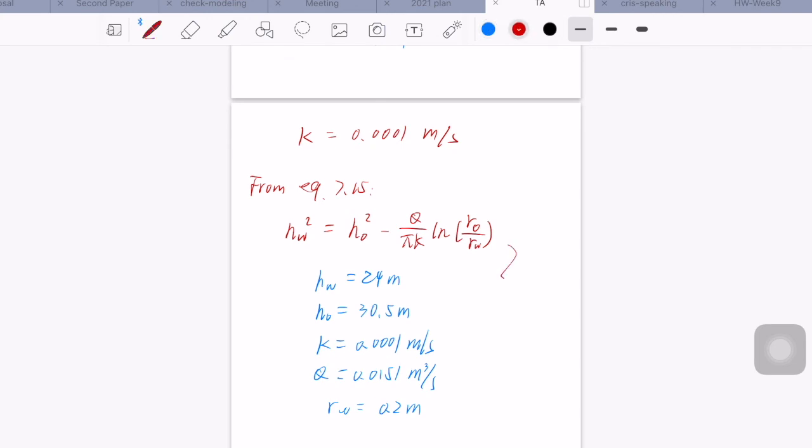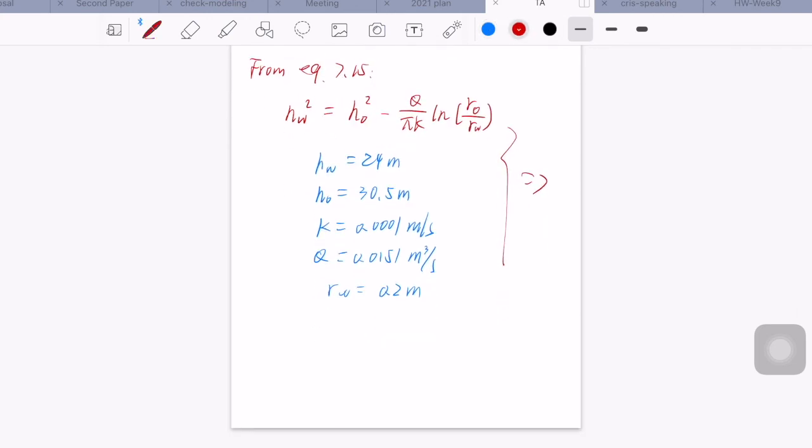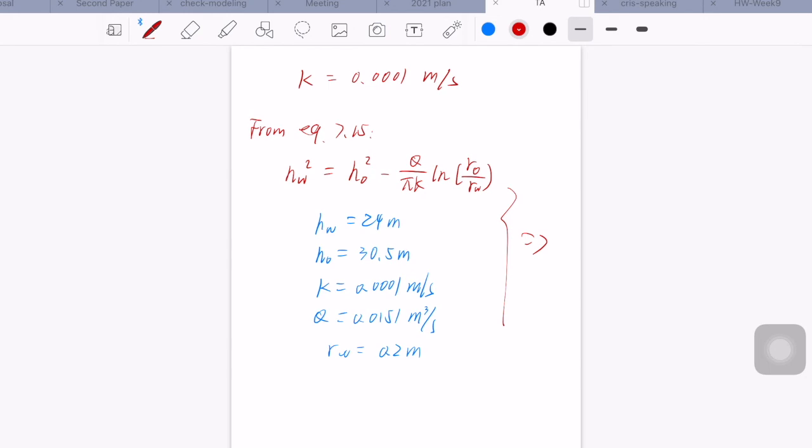So we can determine that the radius of influence R0 equals 318 meters.